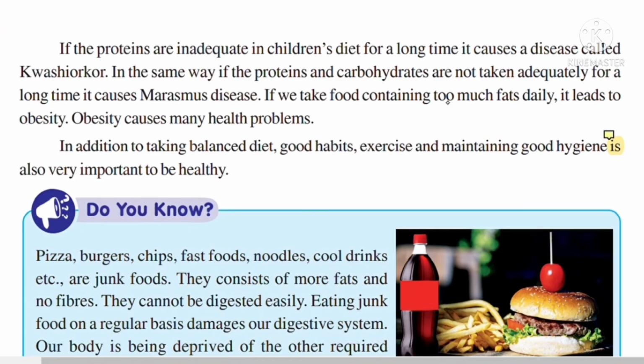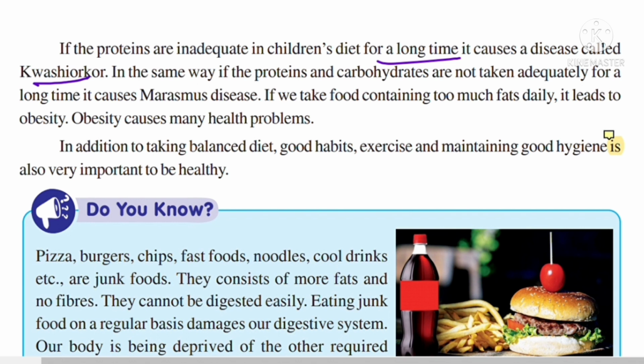If proteins are inadequate in a child's diet for a long time, it causes a disease called kwashiorkor. That means the child gets only carbohydrates. The carbohydrates and water accumulate in the intercellular spaces.